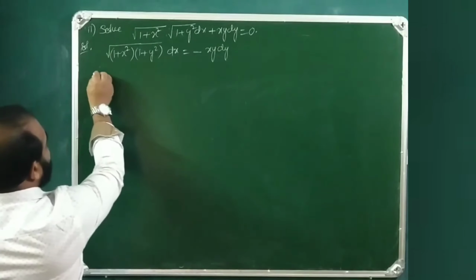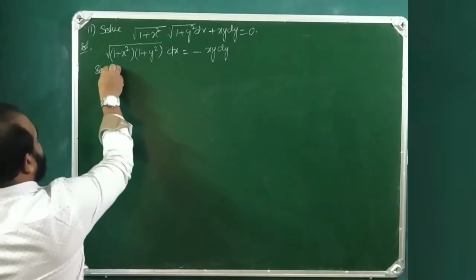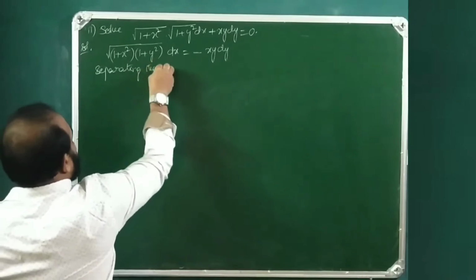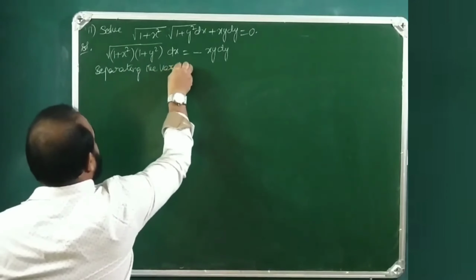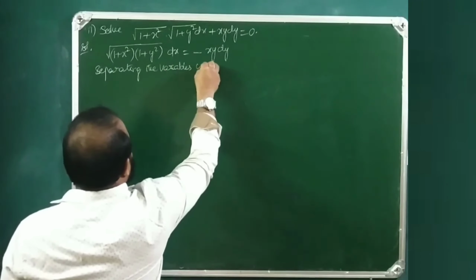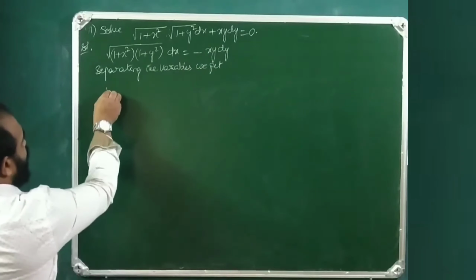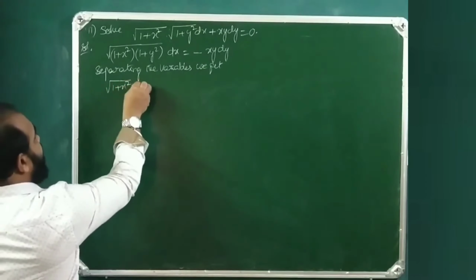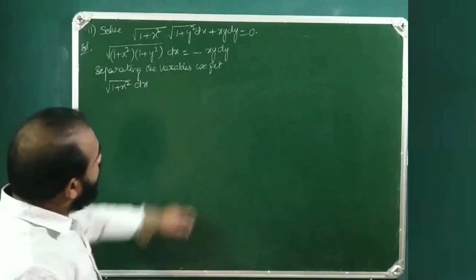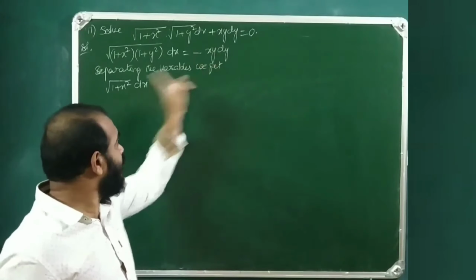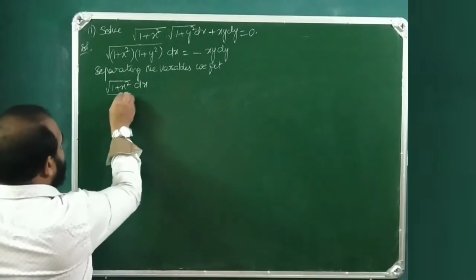Now separating the variables, we get √(1+x²) dx. This x is multiplying with y dy, so it will be dividing here.